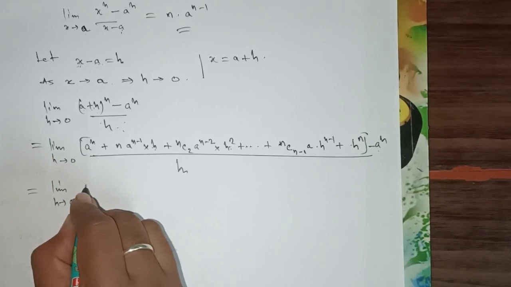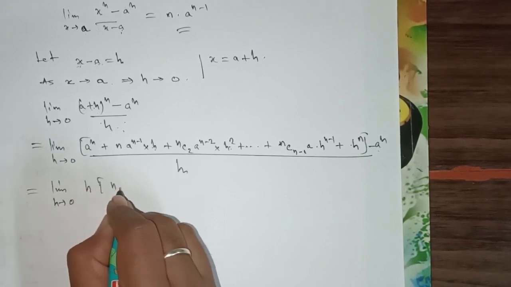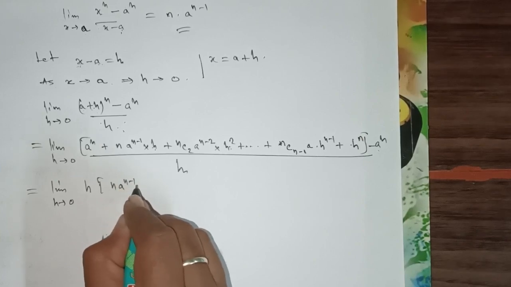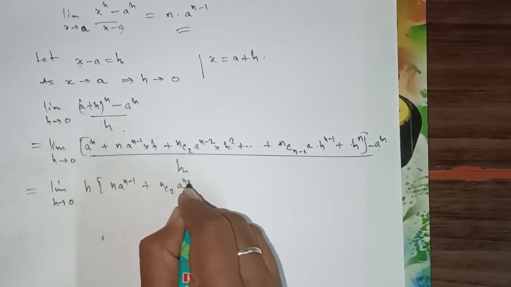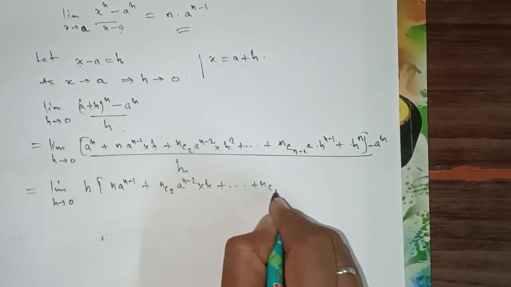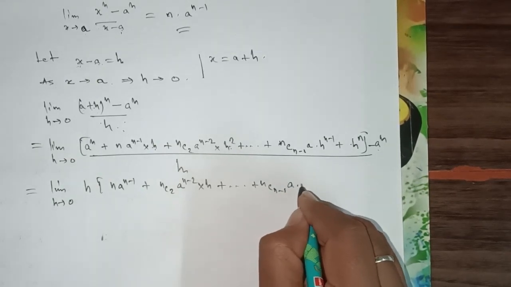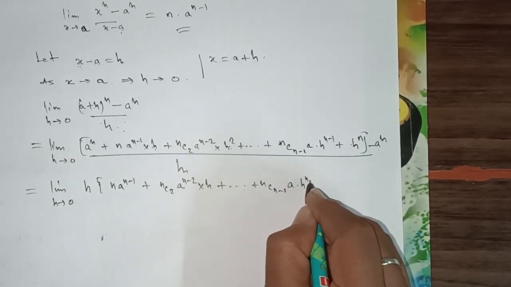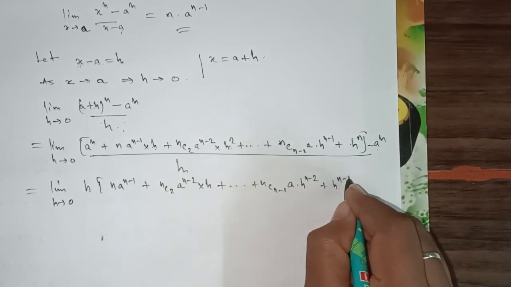What we're going to get, taking h common, we'll have here n a to the power n minus 1 plus nC2 a to the power n minus 2 into h, plus nC(n minus 1) a into h to the power n minus 2, plus h to the power n minus 1.